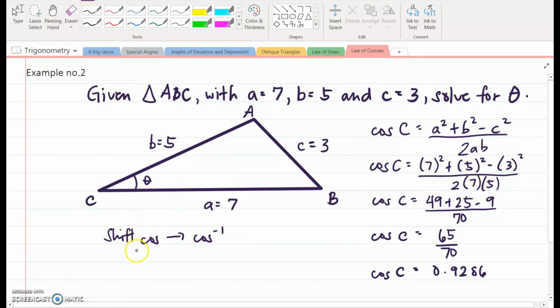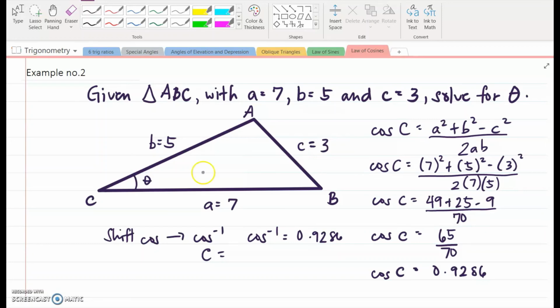So we're going to press in our calculator shift cosine 0.9286. That will be equal to 21.78 degrees.